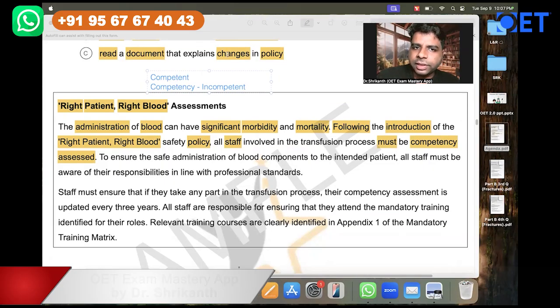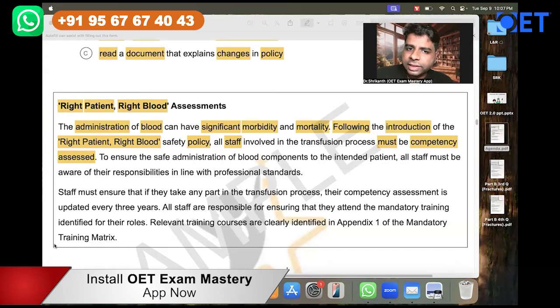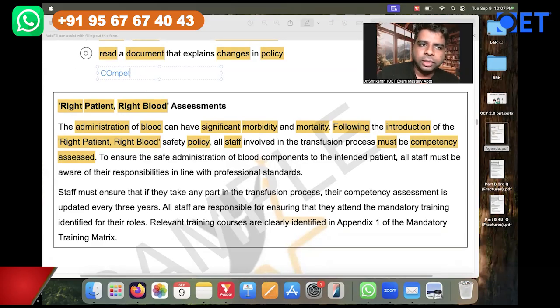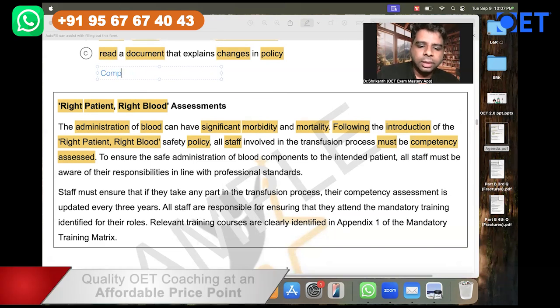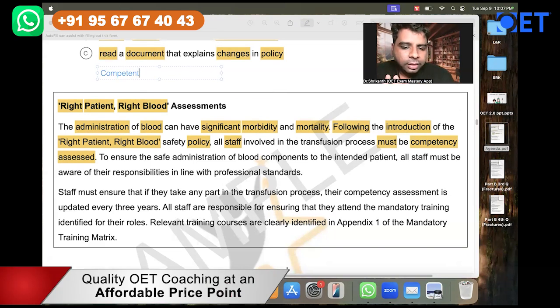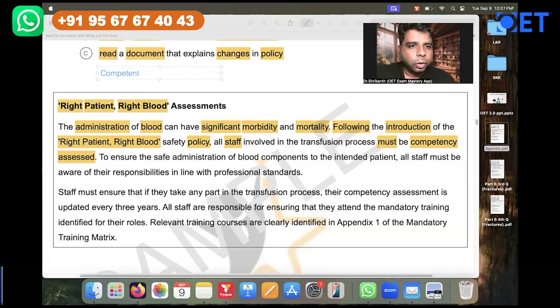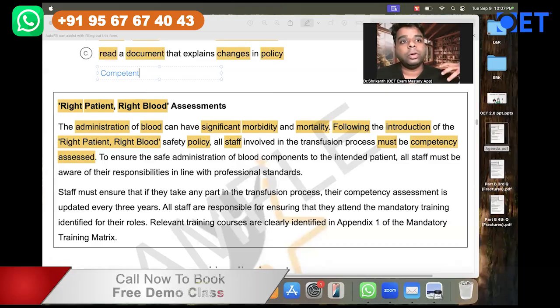Able, skilled, efficiency. Yeah, so skilled. So competent basically means what? Competition. Yes, both of you have given the correct answer. When someone is participating in a competition, whether it's a dance competition or a music competition, they will practice.